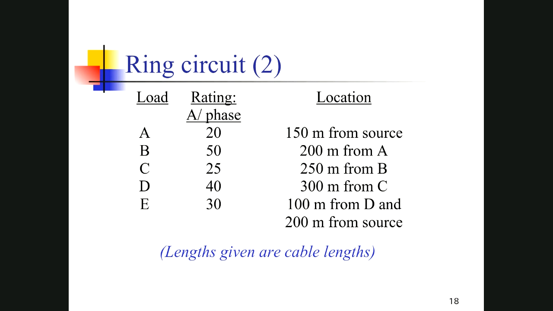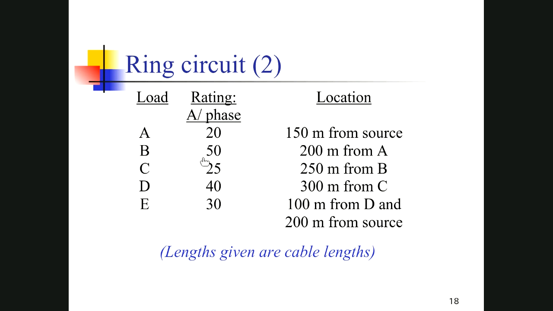This ring circuit has 5 loads connected at different positions. Load A has a rating current, that means using current, of 20 amperes, the current going through this load, located 150 meters away from the source.